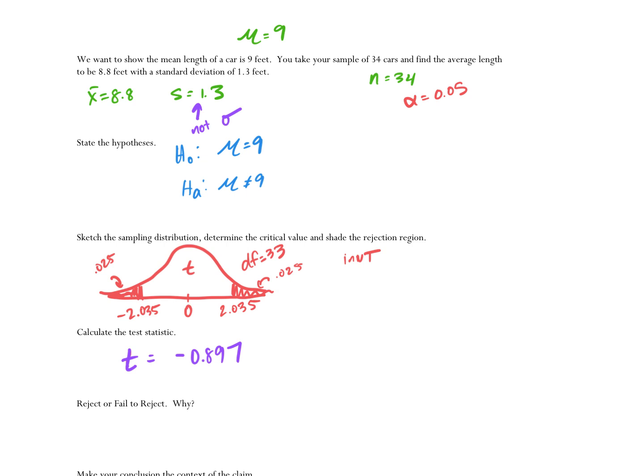We get a t-statistic of negative 0.897. Are you with me that might be where I just put that purple mark on my graph? Is that in the rejection region?